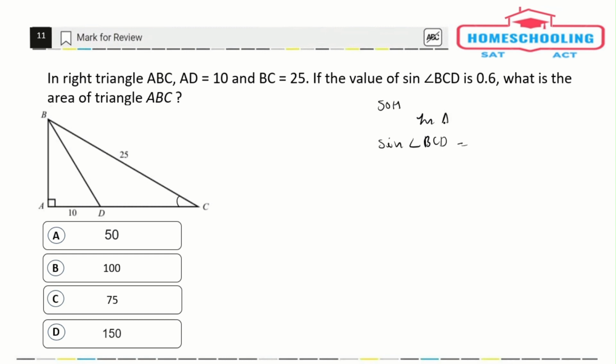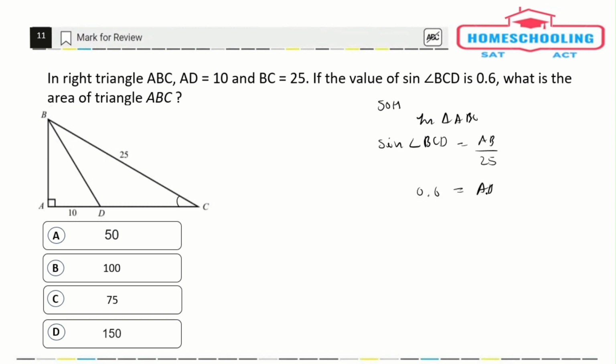In triangle ABC, that is AB by hypotenuse BC. We know the value of BC is 25, and from the question, sine of angle BCD is 0.6.